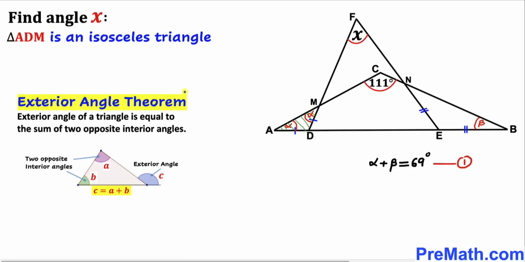And now let's recall the exterior angle theorem. According to this theorem, an exterior angle of a triangle is equal to the sum of the two opposite interior angles, as you can see in this diagram.